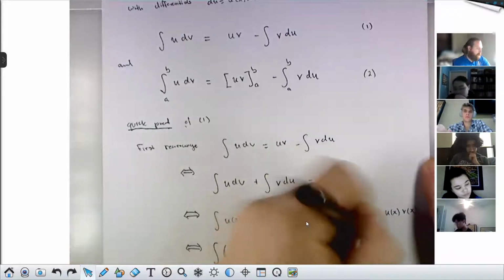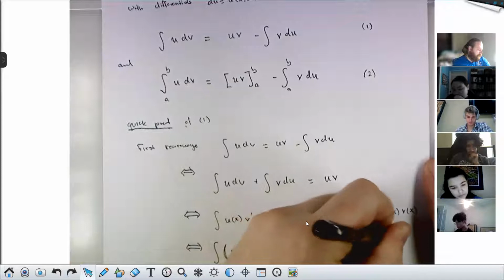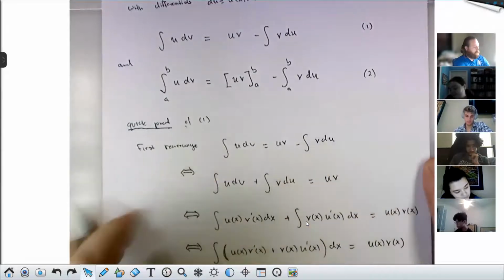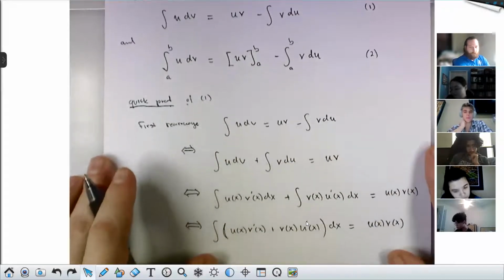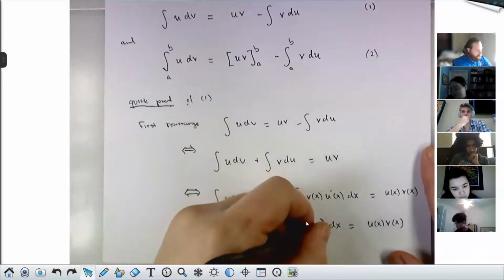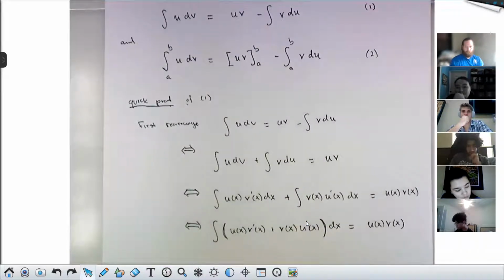And it says this is equal to u of x times v of x. And now you see the product rule in here, don't you? What does this bottom line say? It says that the antiderivative of uv prime plus vu prime is u times v.